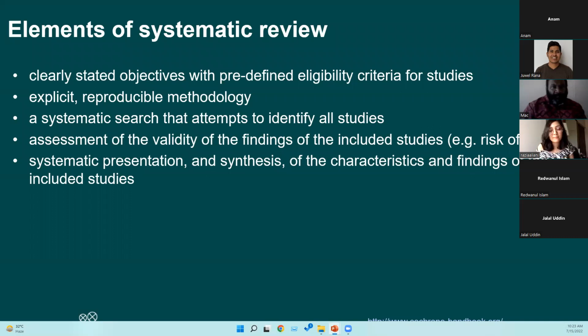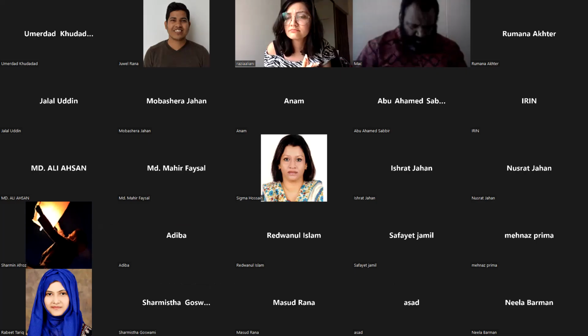This is one of the very key things. A literature review does not necessarily have a reproducible methodology; you cannot replicate the process that has been done systematically.